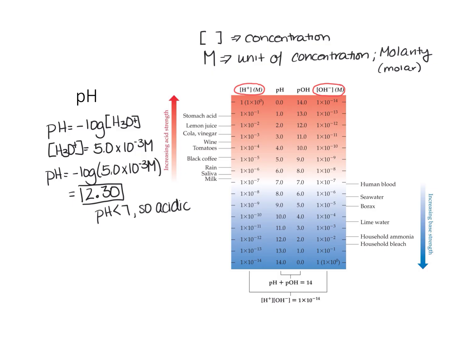Because these are a ratio, it's important to note down here that if you add the pH and a value called pOH, that gives us 14. Well, what is pOH? pOH is just the negative log of the concentration of the hydroxide ion.